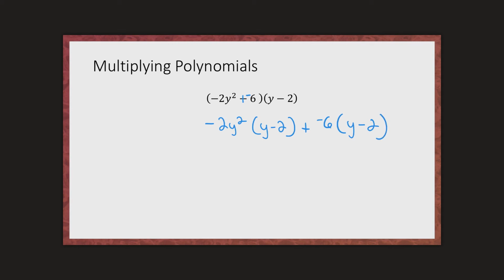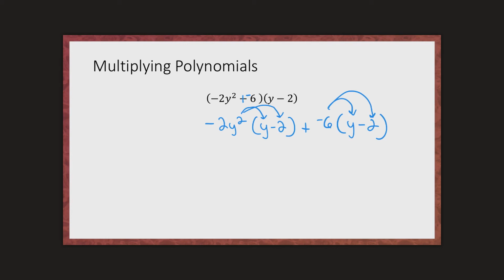Now by doing it this way, I'm multiplying each of the first terms by the entire second term. So I know I'm multiplying everything in the first term by everything in the second term. Now, it became two different distribution problems. So I have to distribute negative 2y squared to the y and the negative 2. And I will also distribute the negative 6 to the y and the negative 2.